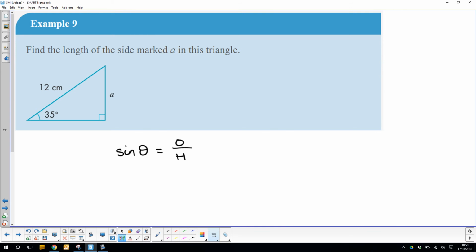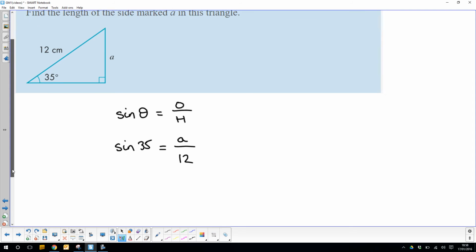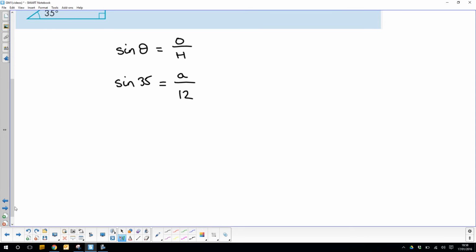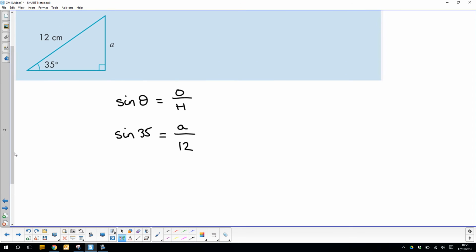Then I put in the different bits of information that are in the question. The angle theta is actually 35 degrees. So sine 35 equals the opposite, which is that side A, divided by the hypotenuse, which is 12. Now it's just an equation that I have to solve. Sine 35 equals A over 12.